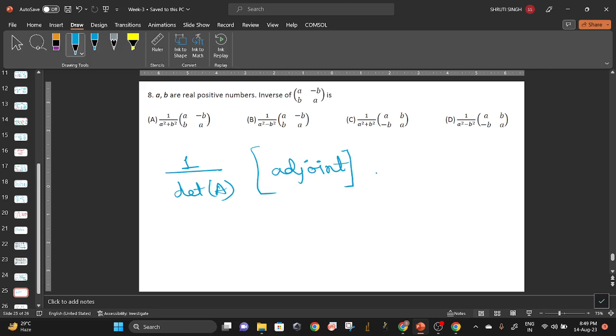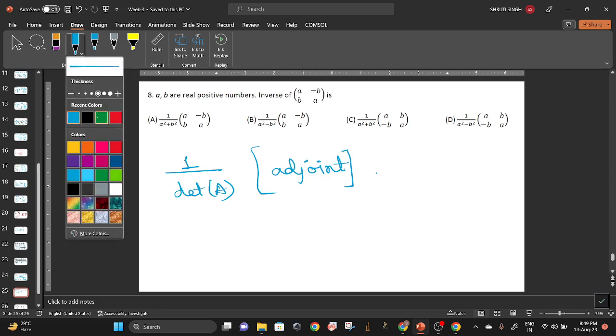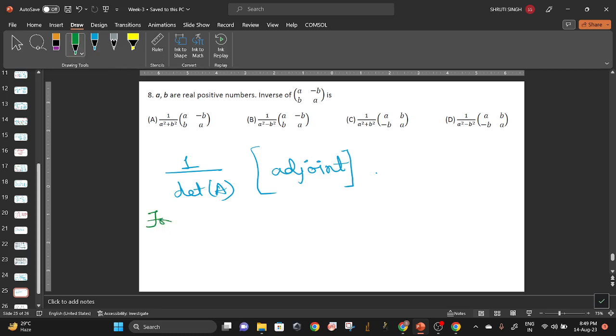But for a 2 cross 2 matrix, there is a shortcut to find the adjoint. Suppose you have a matrix like A11, A12, A21, A22.